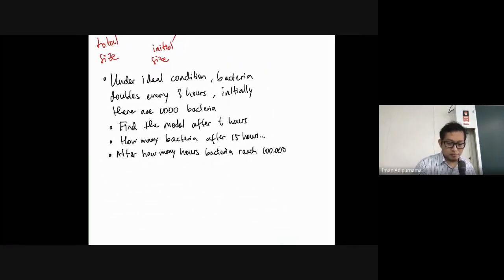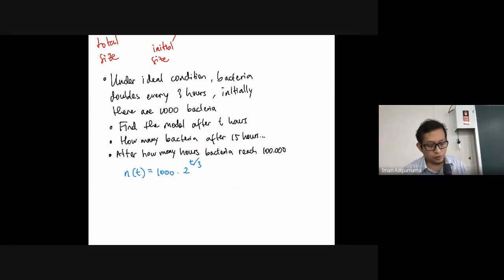Okay, let's just move to how to solve it. Okay. So models, I will write. Our initial will be 1,000 based on the informations, and because it's doubling, we are using base of 2, okay, and then t over 3. So this is our model.